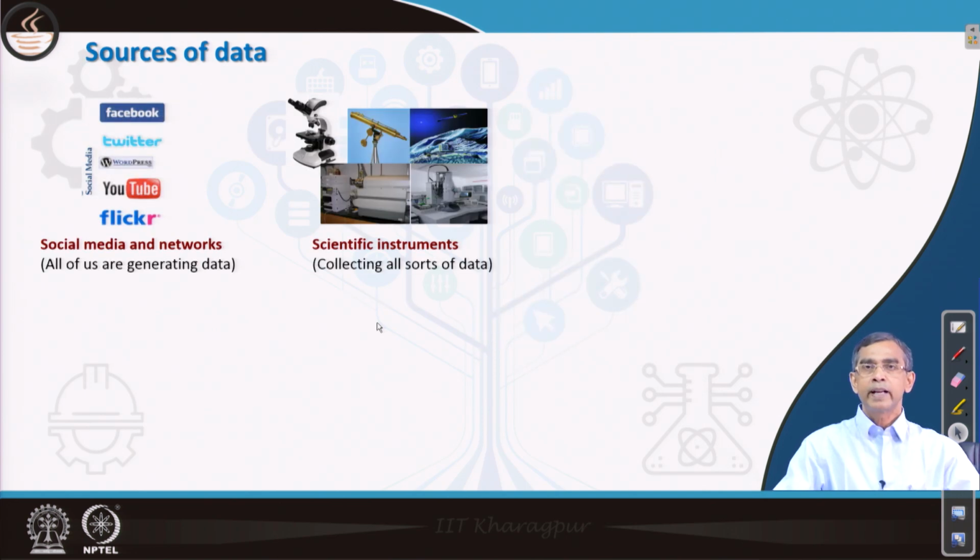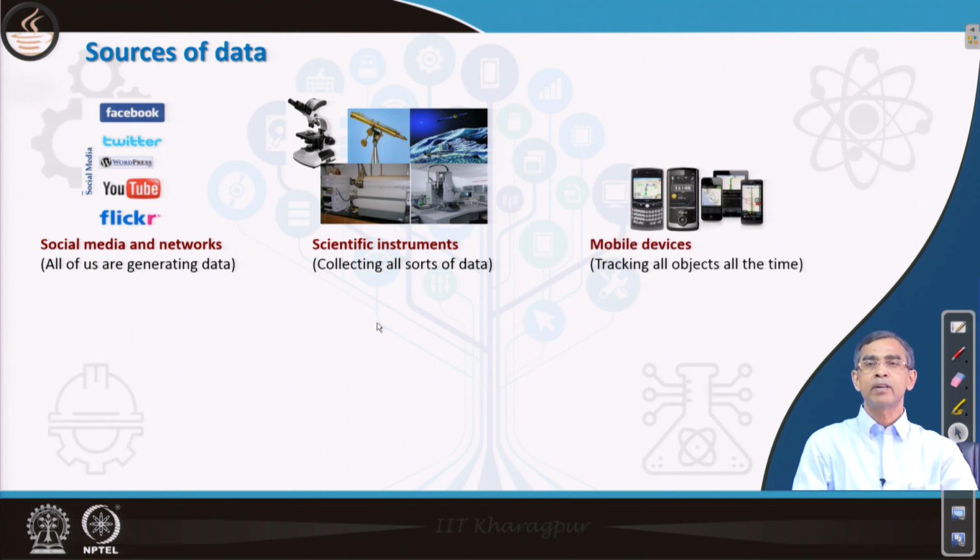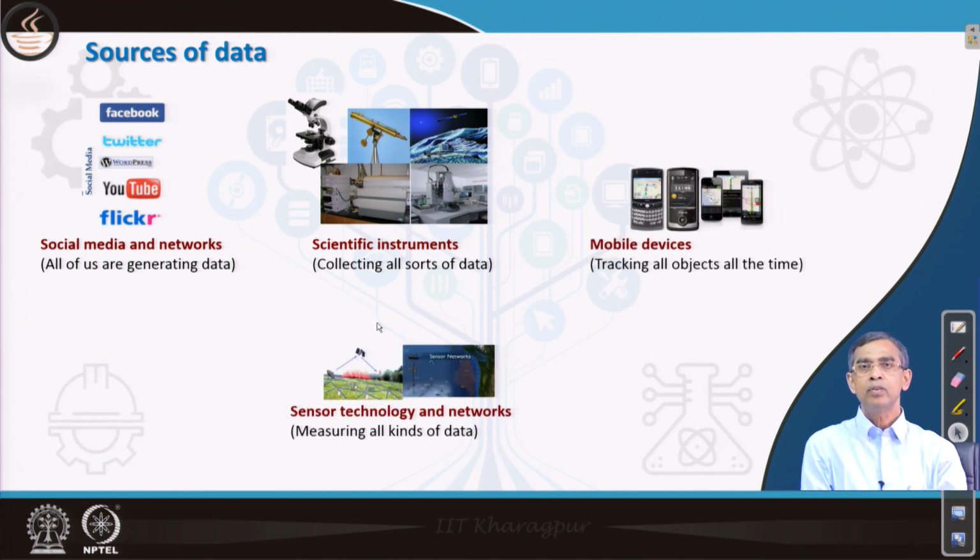Now, data is an essential thing that we have learned. We just want to give a brief discussion about the sources of such data. At the moment, there are many sources from where we receive data. Our digital world is basically receiving data, and it is growing like anything.